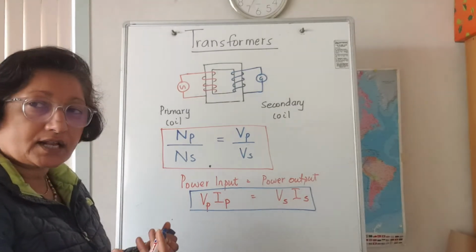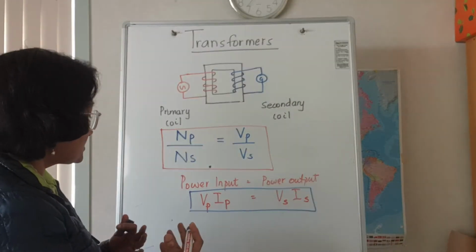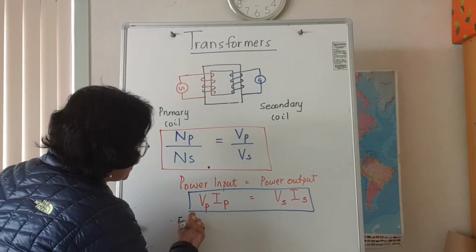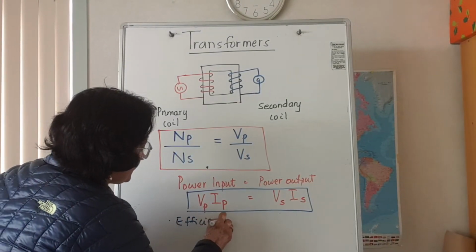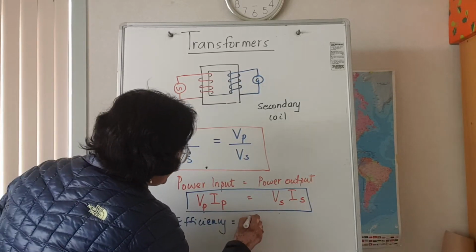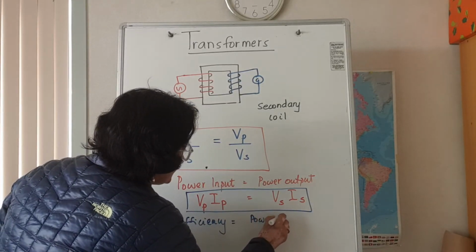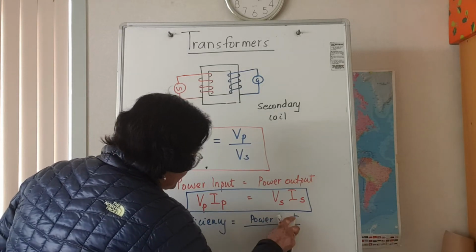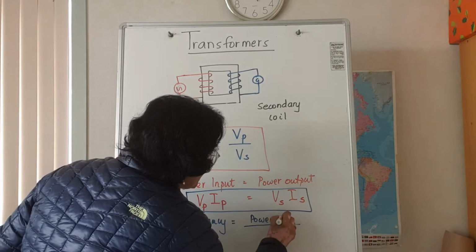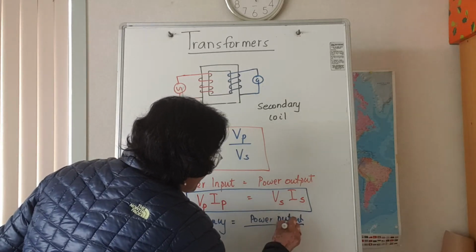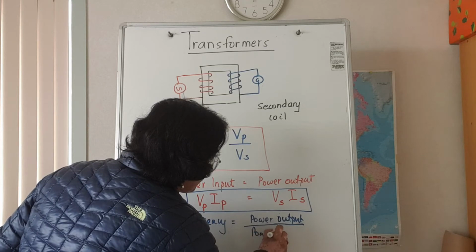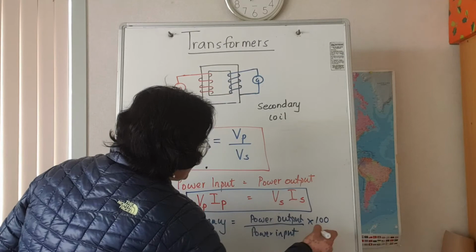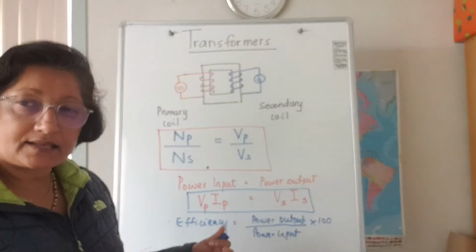However, not all transformers are ideal. Some energy is lost as heat, and the way to calculate the efficiency of a transformer is power output divided by power input, times 100, because efficiency is always expressed as a percentage.